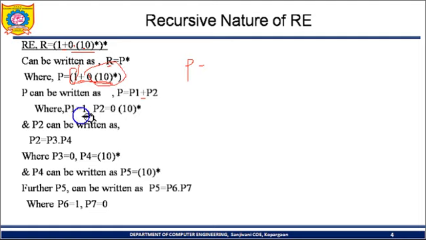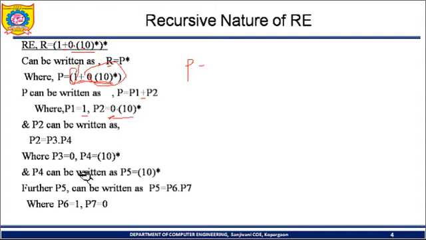Now we cannot split p1 into number of regular expressions, but we can split p2 into number of regular expressions. Why? Because there is a concatenation operator between 0 and 1 0 star. So p2 can be written as p3 dot p4, where p3 is equal to this 0 and p4 is nothing but 1 0 star.